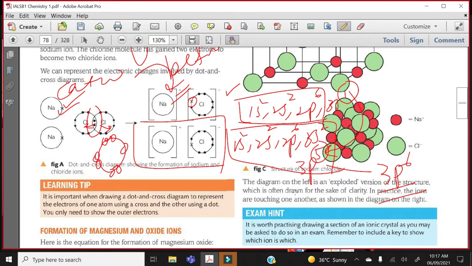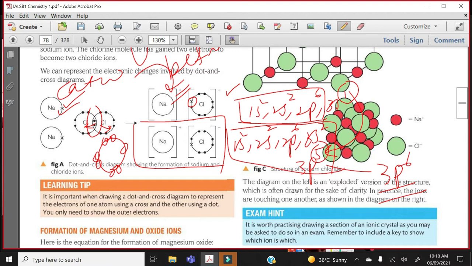This was the old definition which we used to do. So you should be able to define in this way that a metal is losing an electron which is creating a positive charge on it, and a non-metal is gaining an electron which is creating a negative charge on it. A strong electrostatic force of attraction is developed between the two species.